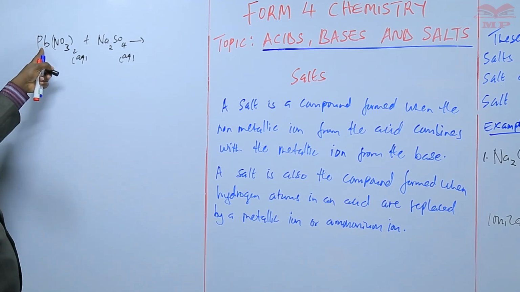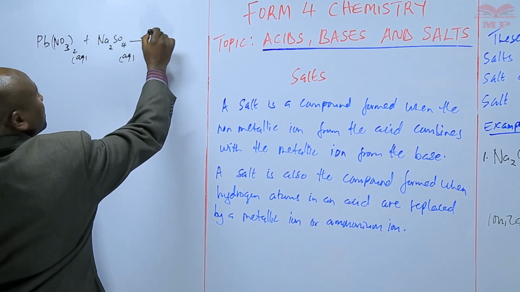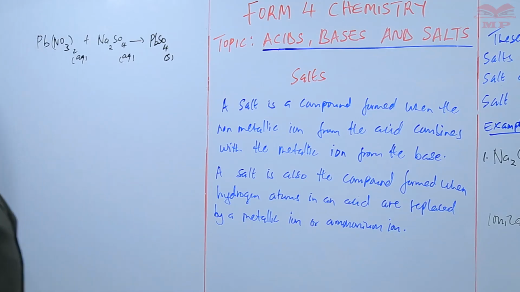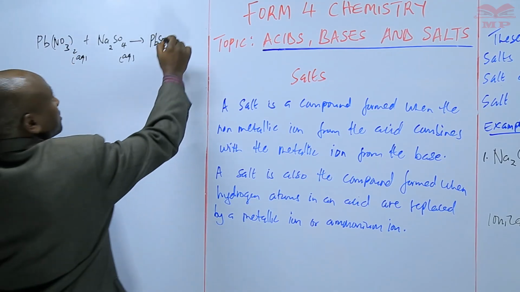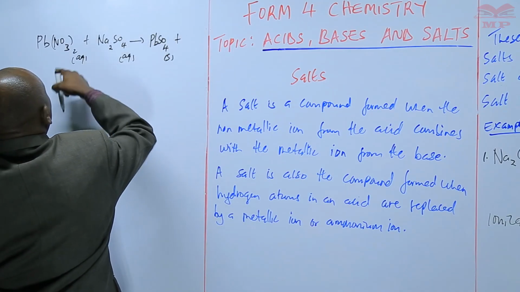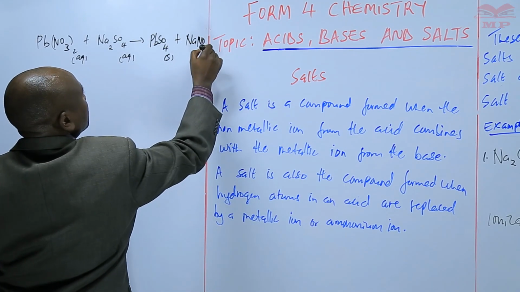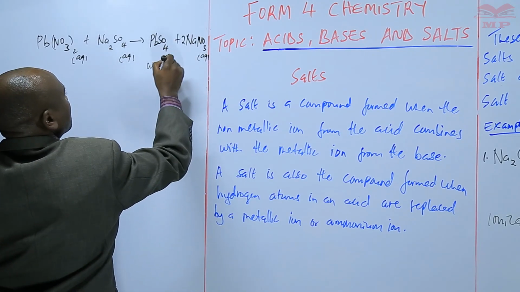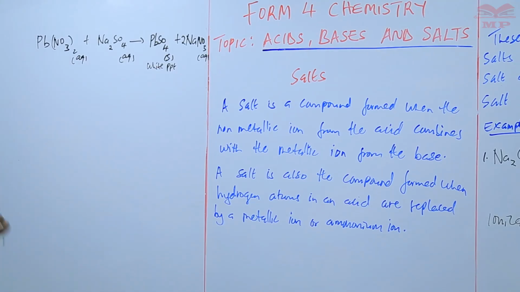Lead 2 takes the sulfate, so we'll have lead 2 sulfate, which is an insoluble salt, hence is a precipitate, and sodium nitrate, which is soluble. So this is a white precipitate, a white PPT, the short form of precipitate.